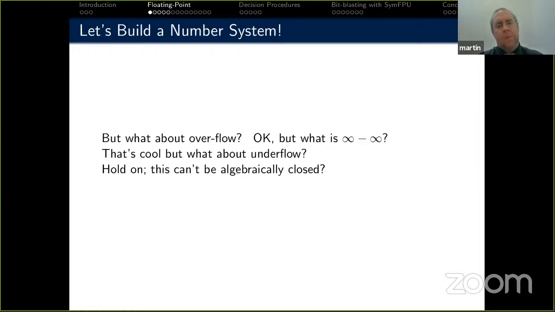Hopefully you see that these are all problems that turn up as soon as you try to design a number system where you've got fixed length bit strings representing some reals. So you need infinities, you need a not a number, you need two zeros, you need rounding. They're all kind of inevitable conclusions.